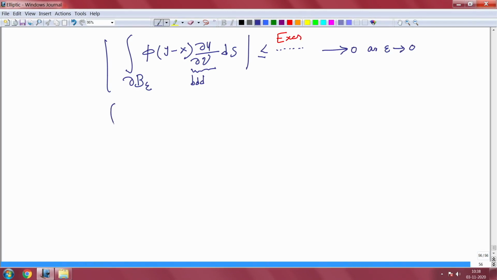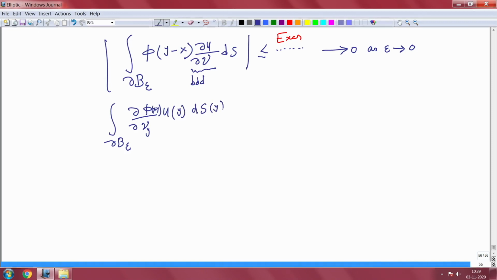So, one epsilon term will go to 0. What about the other term? The other term you have also worked out in the beginning. Once more, you work out d phi by d nu over the boundary of B epsilon, and then you have your u now. This is with respect to y, you are doing it in x minus y, so keep the parameters correctly. And this is u of y ds of y.